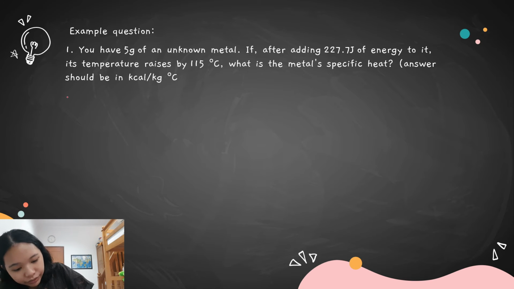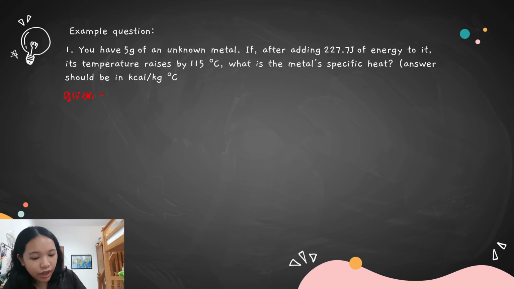So we should write down the given first. You have 5 grams of an unknown metal, so the mass of the metal is 5 grams. If after adding 227.7 joules of energy, that means the Q, or the heat energy, is 227.7 joules, its temperature raises by 115 degrees Celsius.